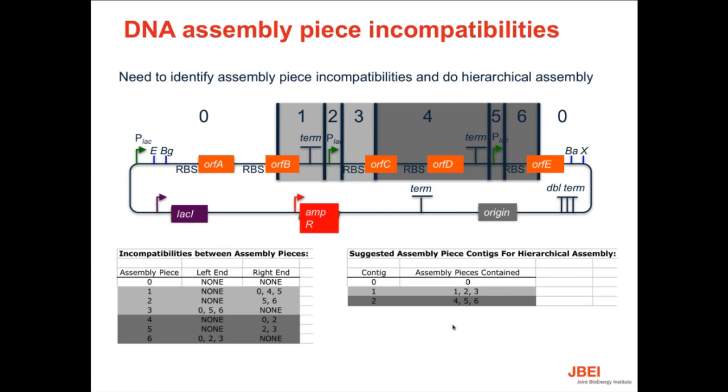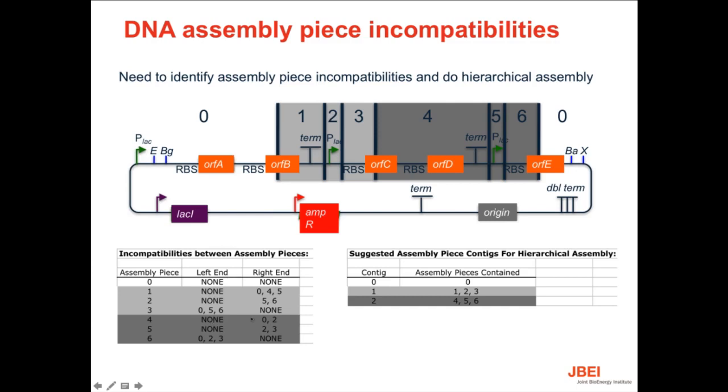But there's quite a bit of work that might be required to figure out when these ends are compatible or not. For example, one thing you might do is look at all of your flanking homology at the ends of each of these assembly pieces and then blast them against all of the other assembly pieces.